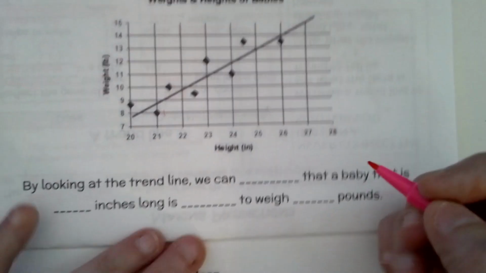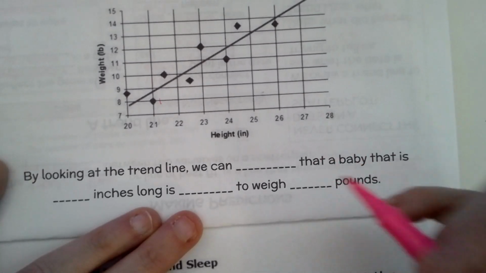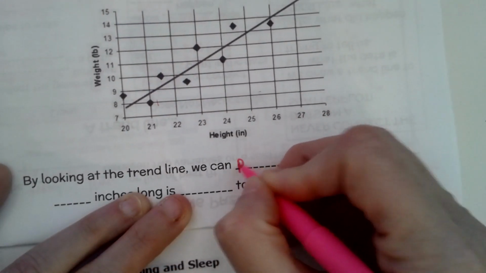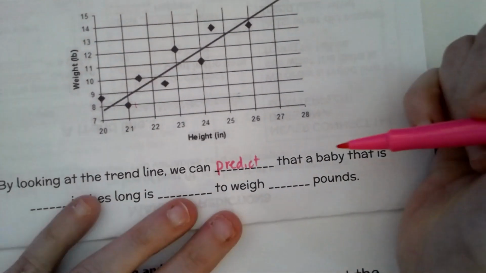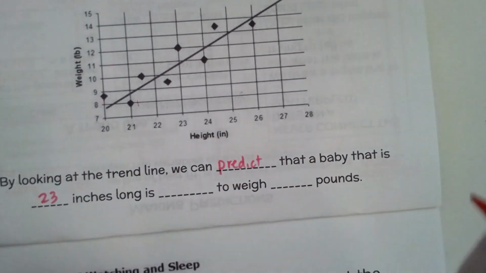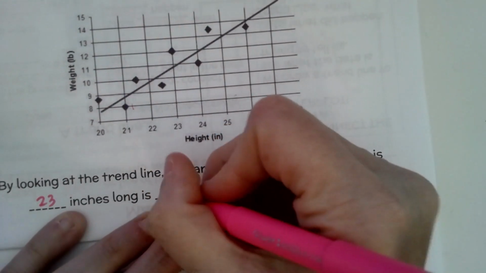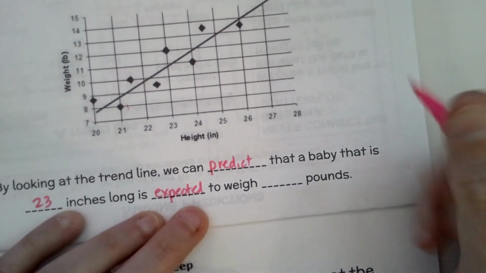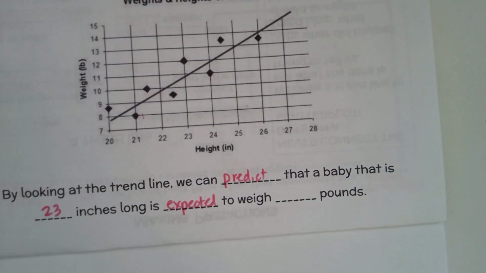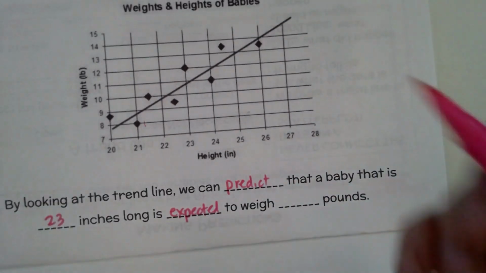So now let's say it says, by looking at the trend line, we can predict that a baby that is, let's say, 23 inches long is expected to weigh some number of pounds. I want you to tell me.